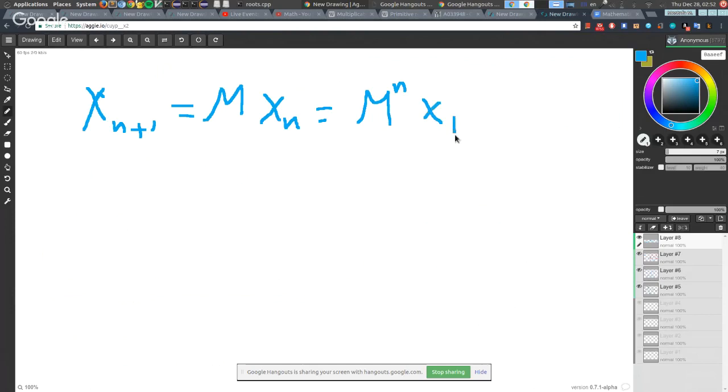So basically this xn plus 1 is M to the power n times x1, and this M is a constant matrix.